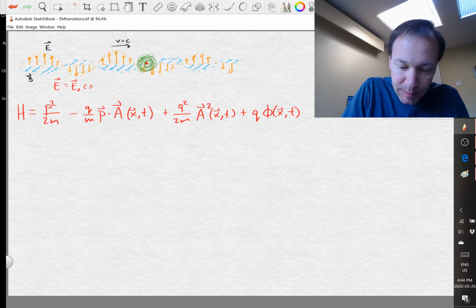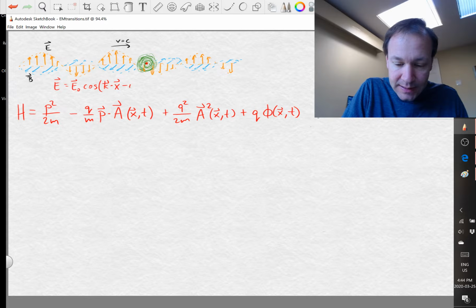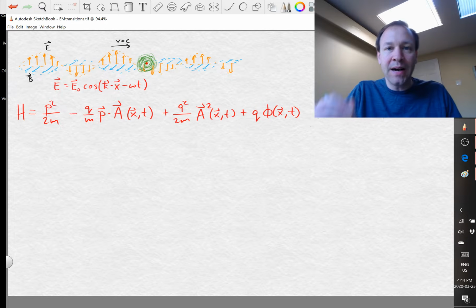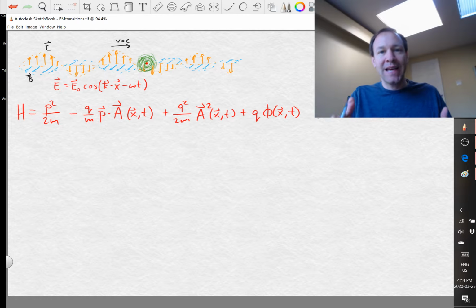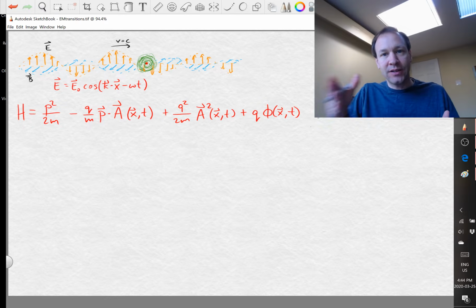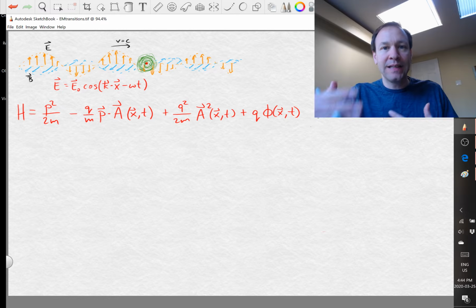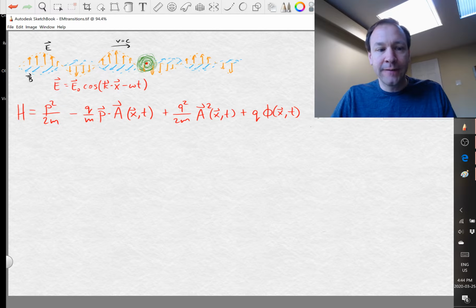And then the space and time dependence would be a sinusoidal function that I'm going to write as cosine of k dot x minus omega t. And k is a vector in the direction that the wave is moving, and the length of the vector is inversely proportional to the wavelength. And then omega is going to be the frequency of the wave.